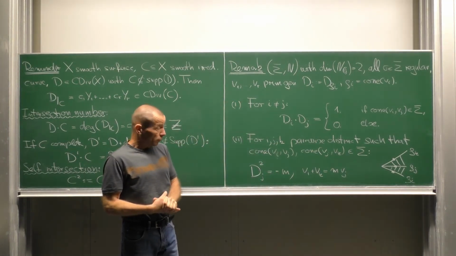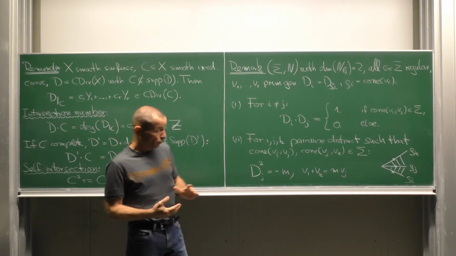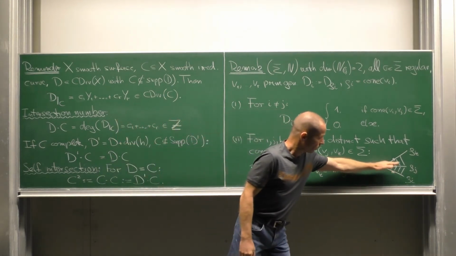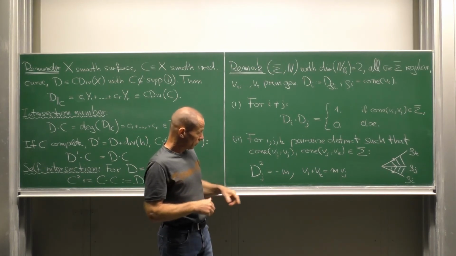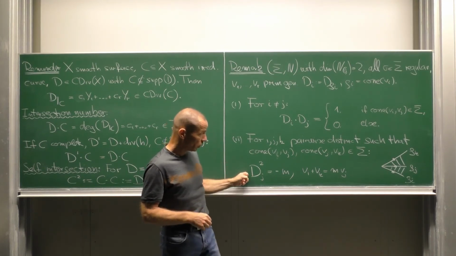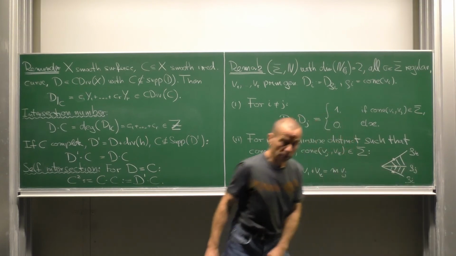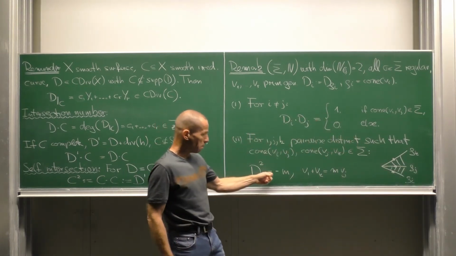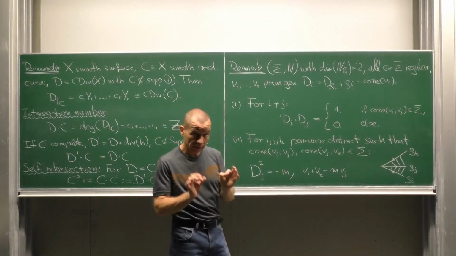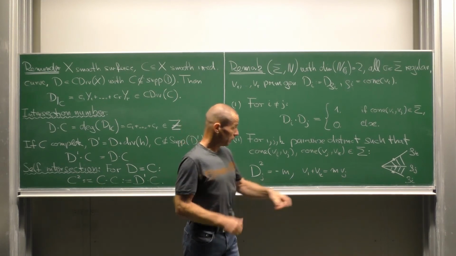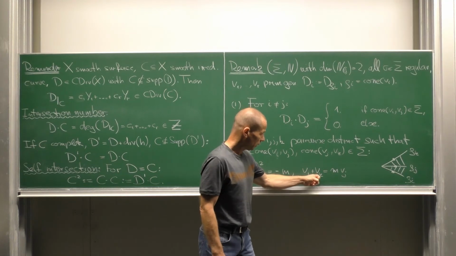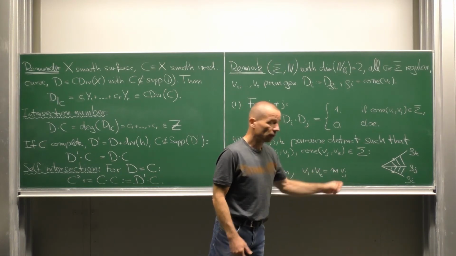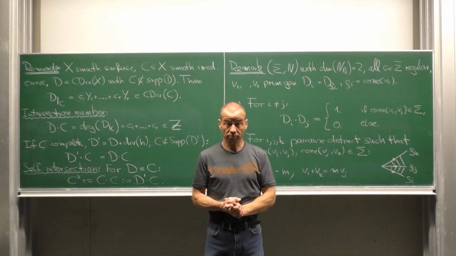Moreover, if you have two adjacent cones, then the self-intersection of the divisor Dj corresponding to the ray in the middle is minus m, where minus m is the unique integer such that vi plus vk equals m times vj.